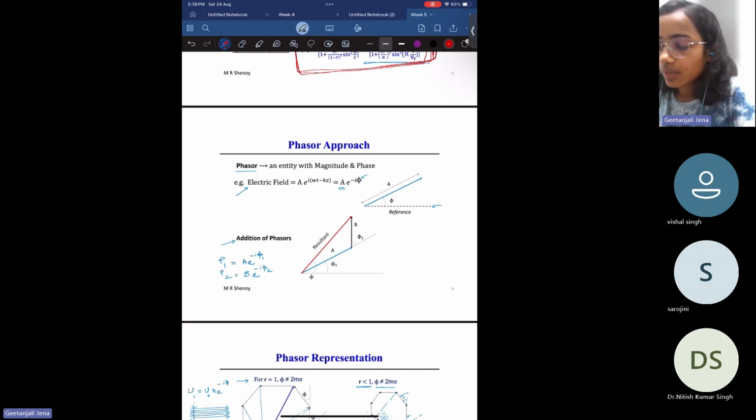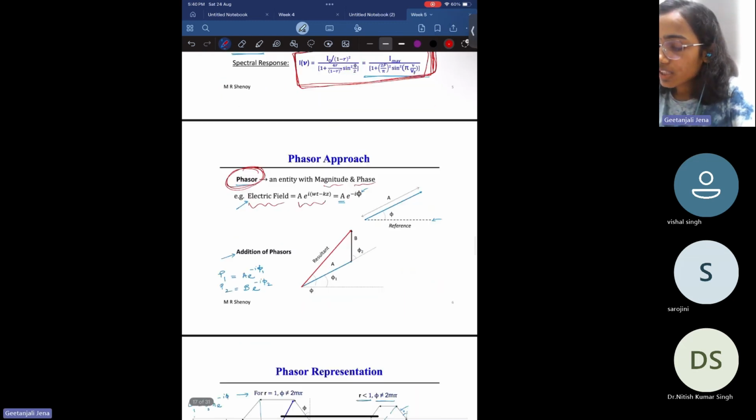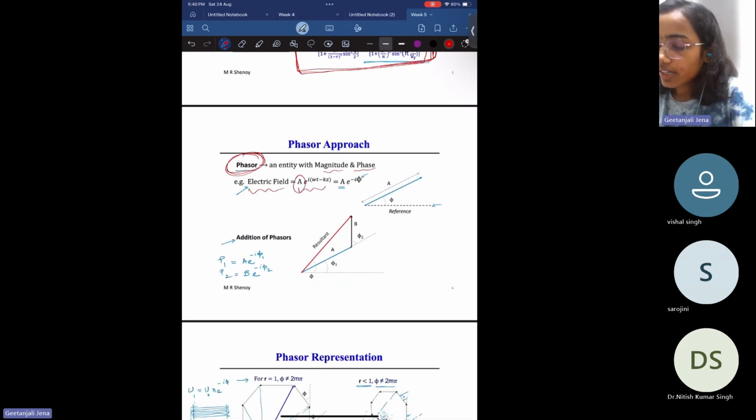Similarly, we can define a quantity which is a phasor. A phasor, similar to a vector, has magnitude and phase. If you see the electric field expression, this is the expression for a plane wave, A e to the power i (omega t minus kz). There is a magnitude here and there is a phase here. So this expression is the phasor expression.